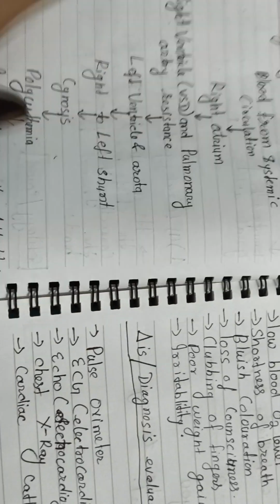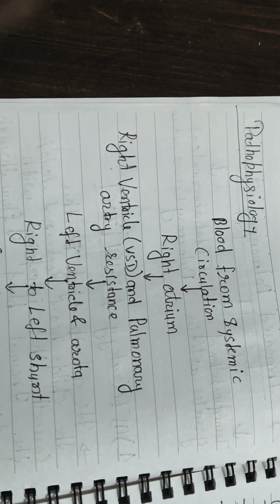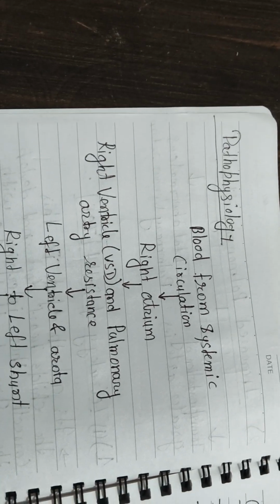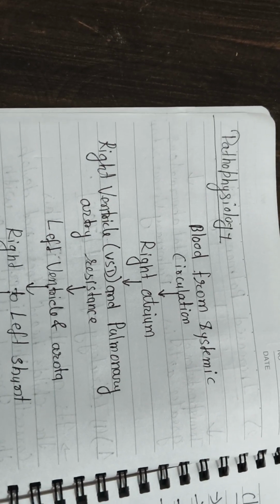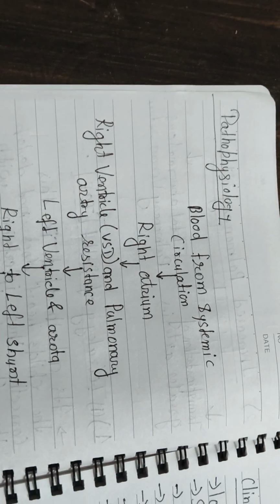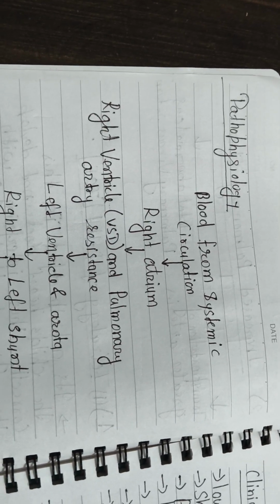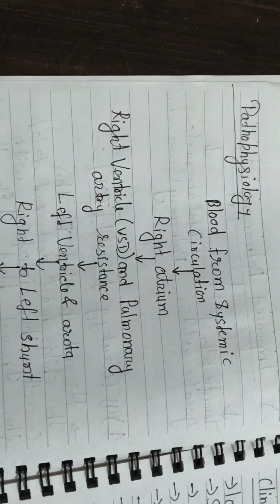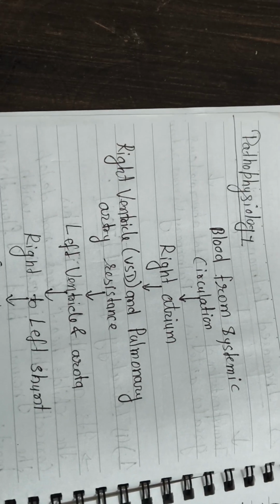Let's move to the next. Pathophysiology. Blood from systemic circulation goes to the right atrium.